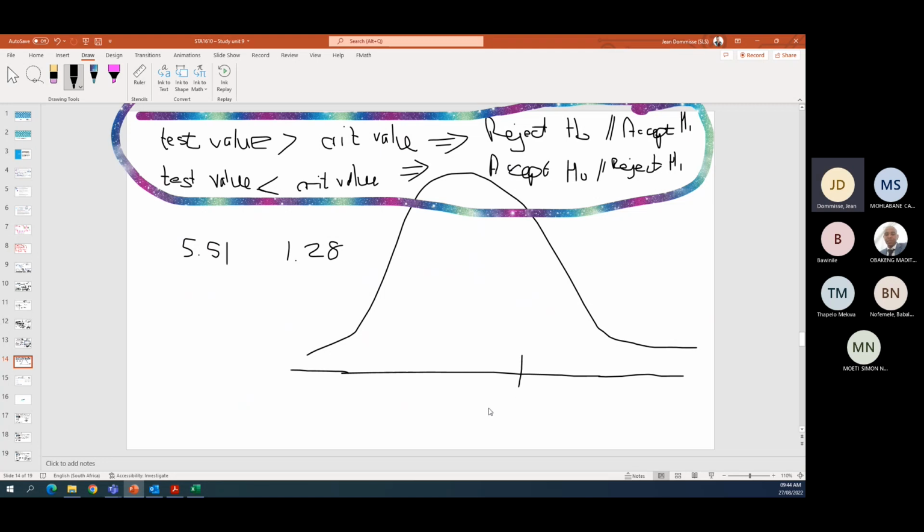So somewhere here is a critical value of 1.28. Somewhere here it is the T-stat that we worked out. T-stat bigger than your critical value is we reject the null hypothesis.